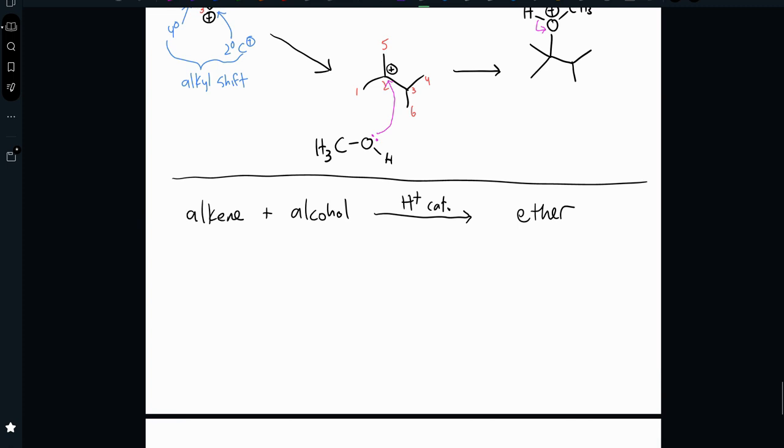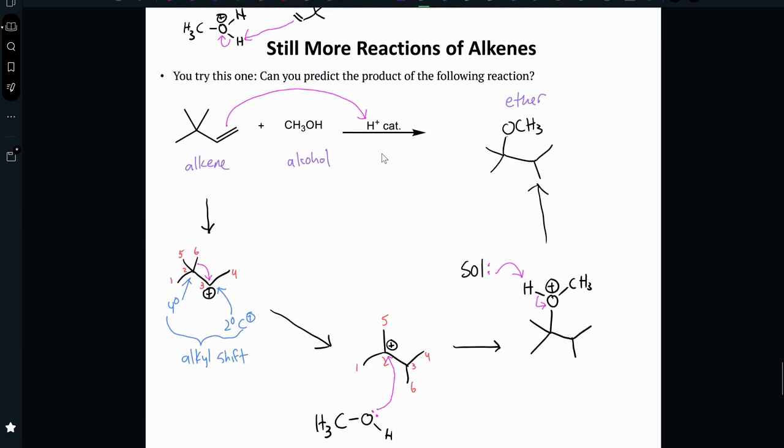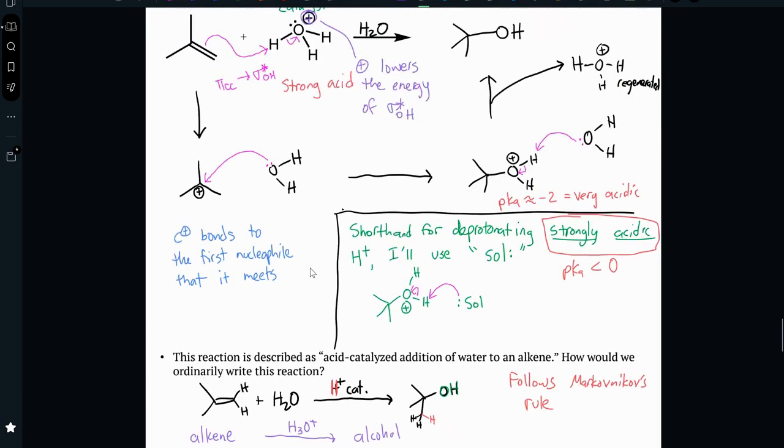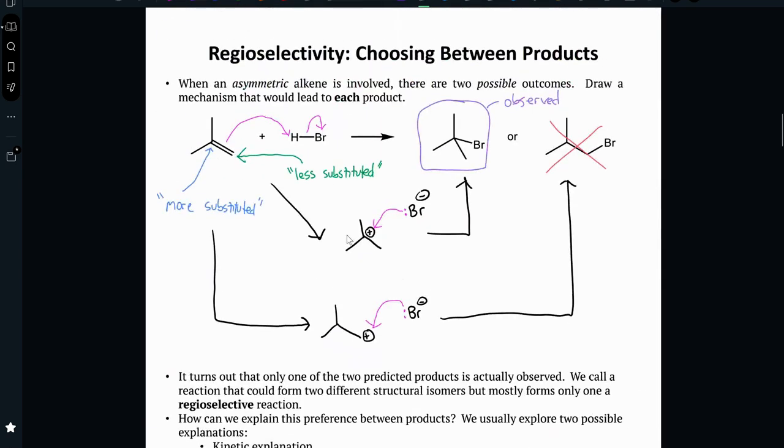All right, so these addition reactions that we've seen all have in common that they go through a carbocation intermediate. We form a carbocation and then we attack that carbocation with the closest nucleophile. If I was reacting with HBr, the closest nucleophile was Br minus.